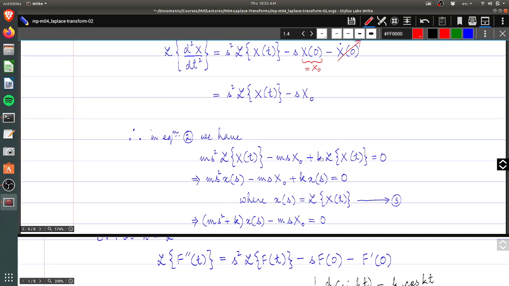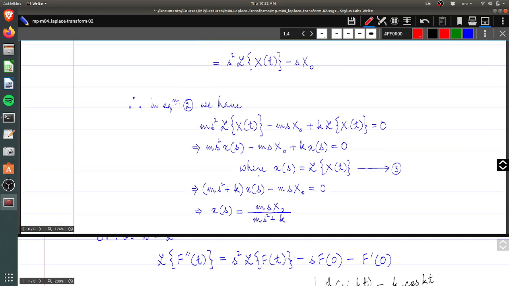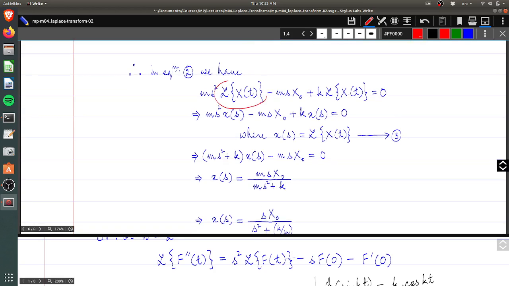Let us call the Laplace transform of capital X, the position, small x of s, just to make things easier to comprehend. So the Laplace transform of capital X, I am writing as small x of s, and here again similarly.